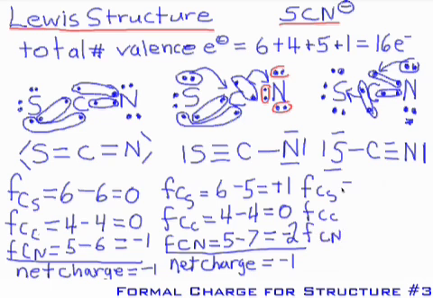Formal charge sulfur, we have 6 minus, sulfur has 3 lone pairs, that's 2, 4, 6. You get 1 for the bond. 6 minus 7 equals minus 1. Formal charge carbon, carbon has 4 valence electrons taken from the periodic table. No lone pairs, 1 for each bond. 4 minus 4 equals 0. And finally, nitrogen.